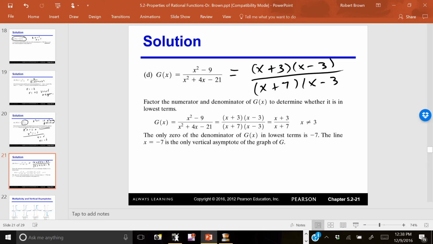And notice, in this particular case, both the numerator and denominator have the common factor x minus 3. So x equal 3 is not in the domain of this function, but it is not a vertical asymptote. The only vertical asymptote is x equal minus 7.